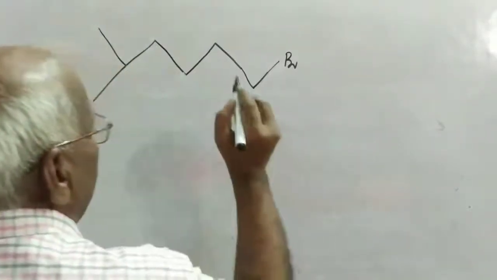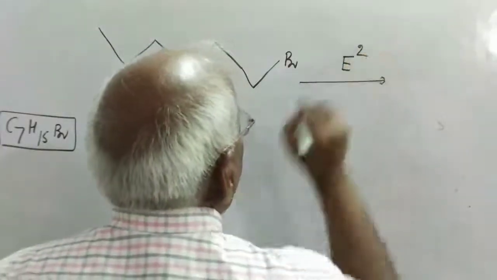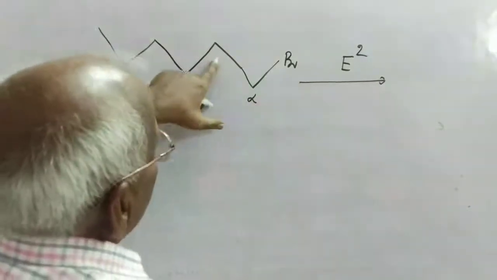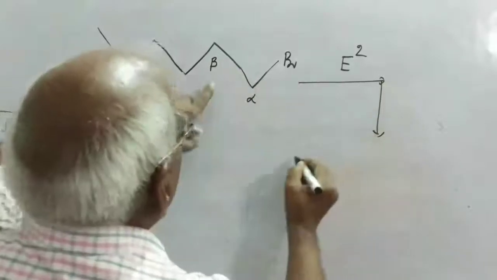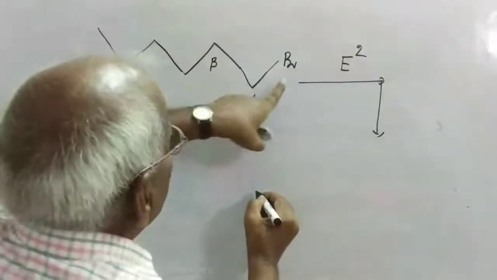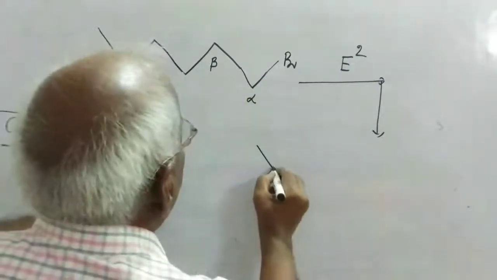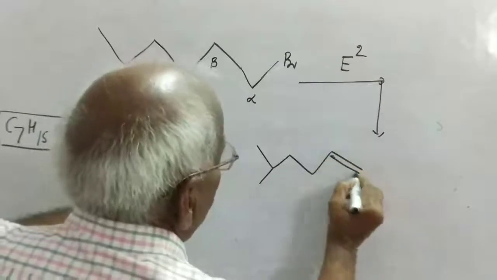Say it is subjected to E2. You know the condition for E2. So this is the alpha hydrogen and this is the beta hydrogen. So hydrogen will be removed from here and halide from this alpha position. So what will be the result? This is the product.